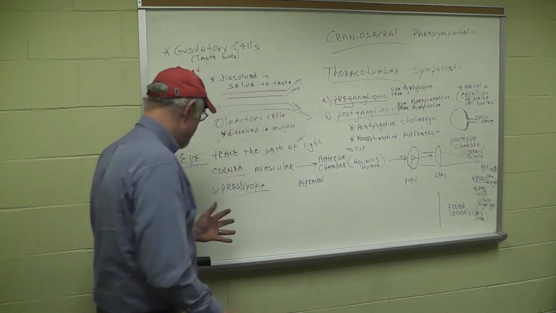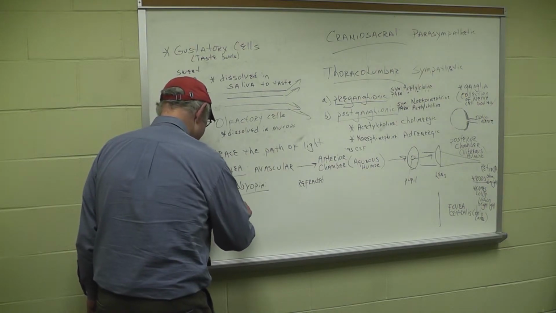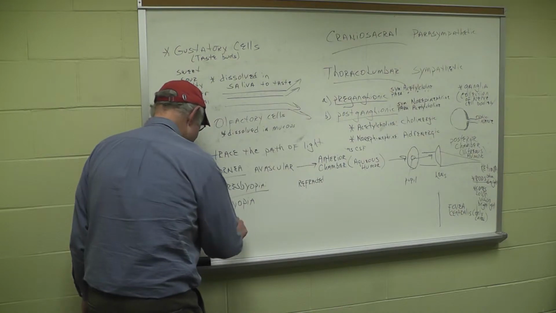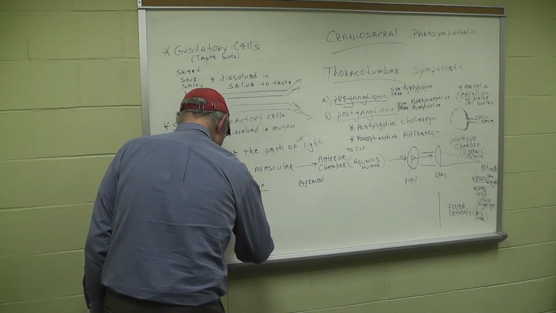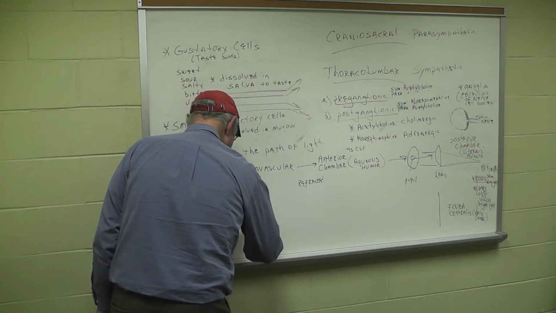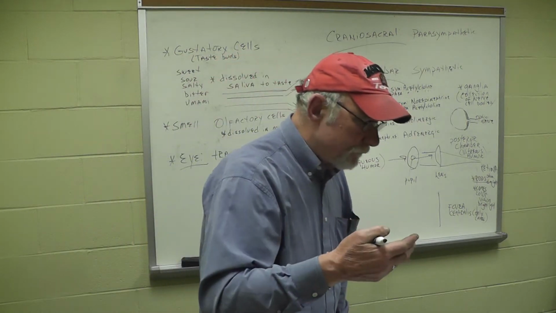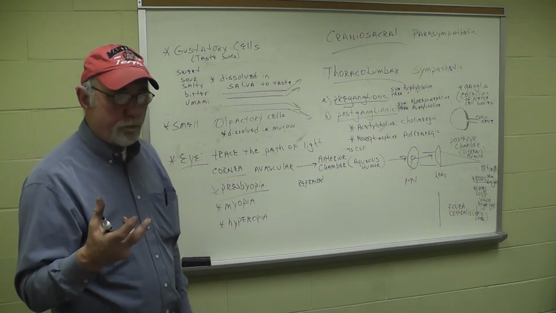Okay, now there's a couple other conditions. Nearsightedness, which is myopia, and then farsightedness, which is hyperopia. And this results usually from different shaped eyeballs.